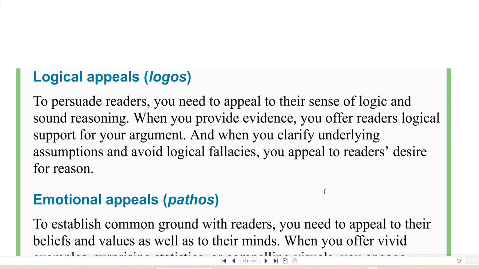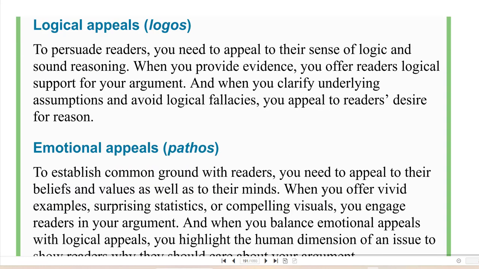Logos. To persuade readers, you need to appeal to their sense of logic and sound reasoning. When you provide evidence, you offer readers logical support for your argument. And when you clarify underlying assumptions and avoid logical fallacies, you appeal to readers' desire for reason. Emotional appeals, pathos.